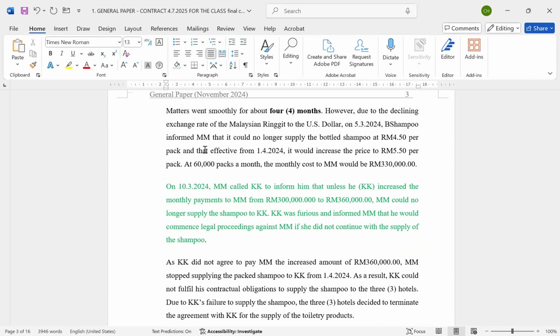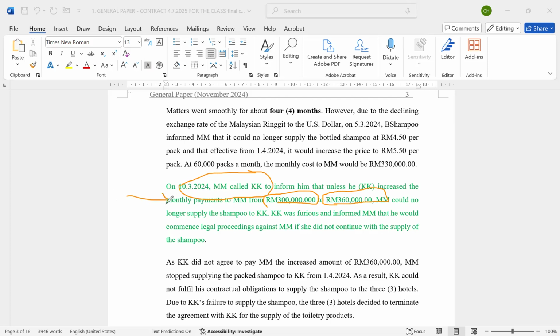So what she did, MM actually called KK to inform KK that unless KK increases the monthly due from 300,000 ringgit to 360,000 ringgit, MM could no longer supply the shampoo to KK.